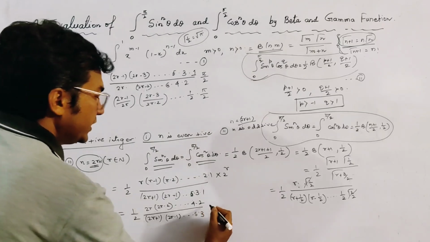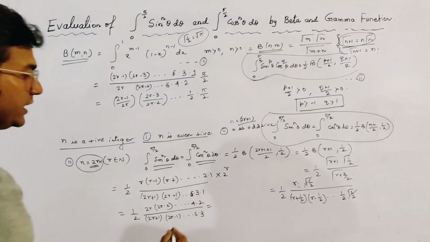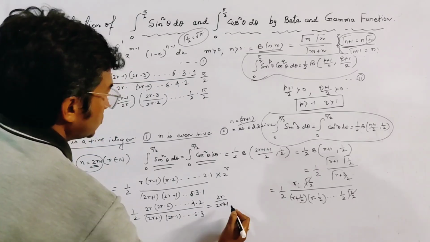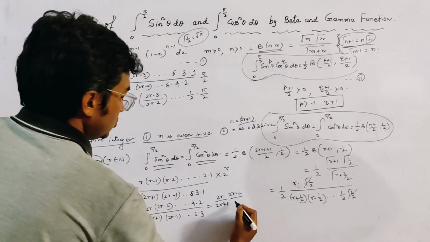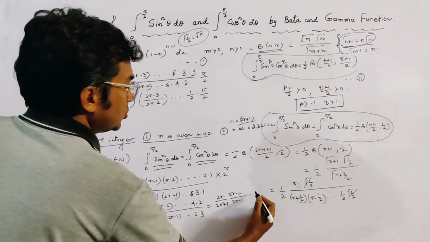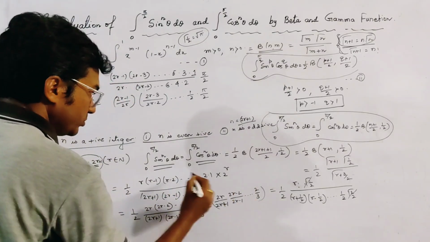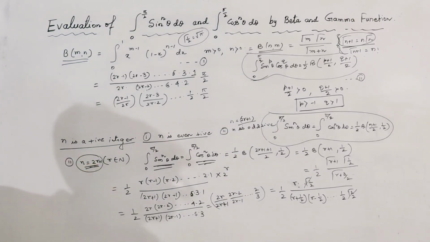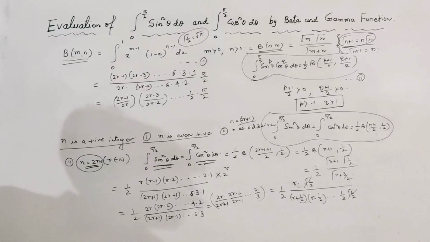Okay, and we write this result systematically or symmetrically as 2r by 2r plus 1. Okay, and the second term is 2r minus 2 by 2r minus 1, and so on. This is 2 by 3, and this is the result of this integration when n is odd, that is when the value of n is equal to 2r plus 1.